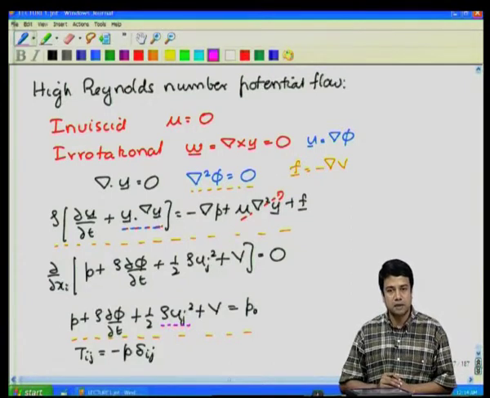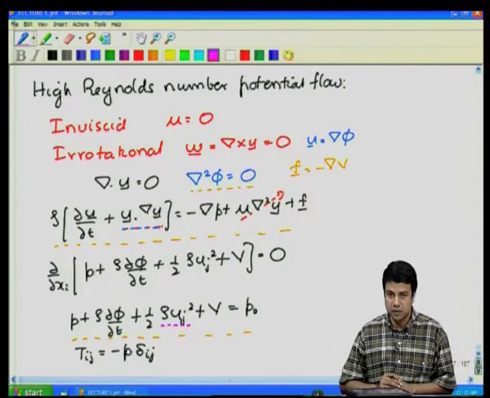Just to make a reference to our previous course, we had looked at transport of mostly heat and mass. In that case, we had divided the regimes into 2 types.